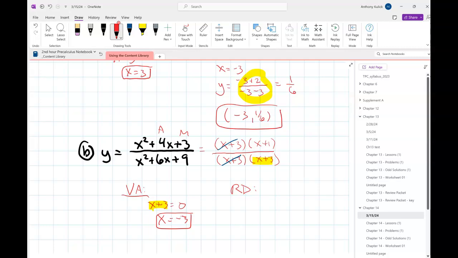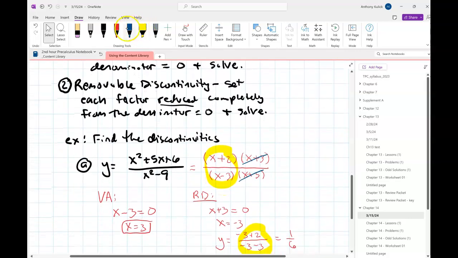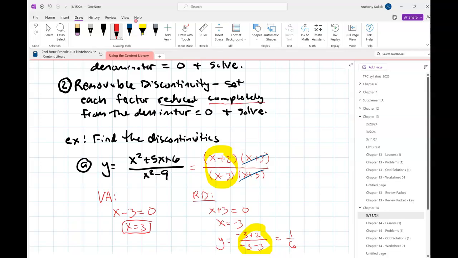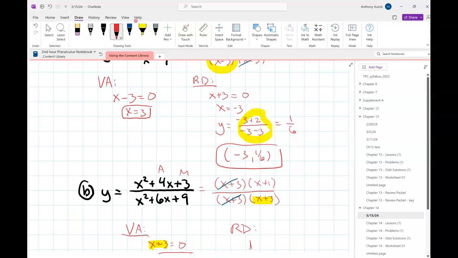No. Read it again. Completely. Are all of the x plus 3's gone from my denominator? No. Even though I crossed one out, there's still one left. So there's going to be no removable discontinuity here.